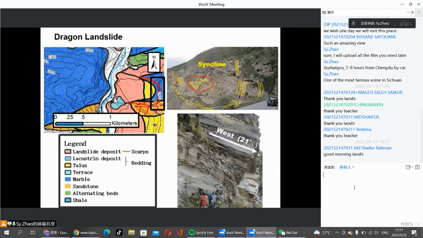And when we move northward to the Dragon landslide, the outcrop mainly consists of marble, shown in blue, and the bedding on the scarp generally exhibits as a syncline like this, and some drag folds could be seen. And in nature, we found remarkable lineation, which could suggest the direction of the hinge line.